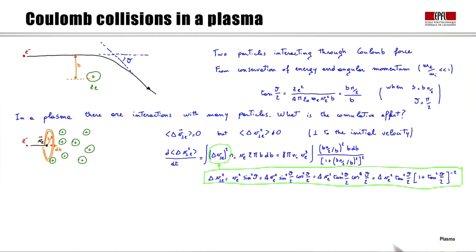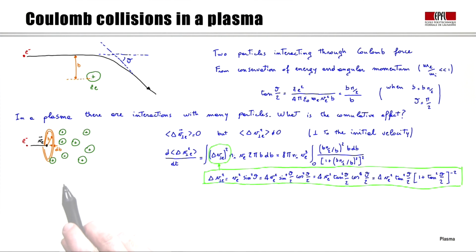Now, what are the limits of integration of this function? Well, there are no issues for b that goes to 0, unless quantum effects become important, but we have excluded taking those into account in our system. So the integral will go from 0 to, well, for b that goes to infinity, what you actually have is an integral that will diverge. Why is that?